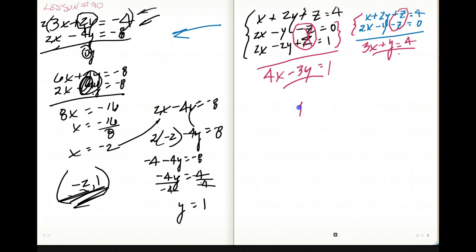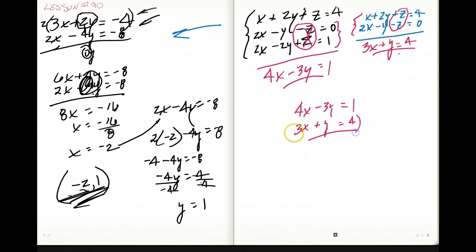So that gives me 4x minus 3y equals 1. And down here I'm going to get my other equation, 3x plus y equals 4. Okay. So now I'm going to solve systems of equations just like I normally do.